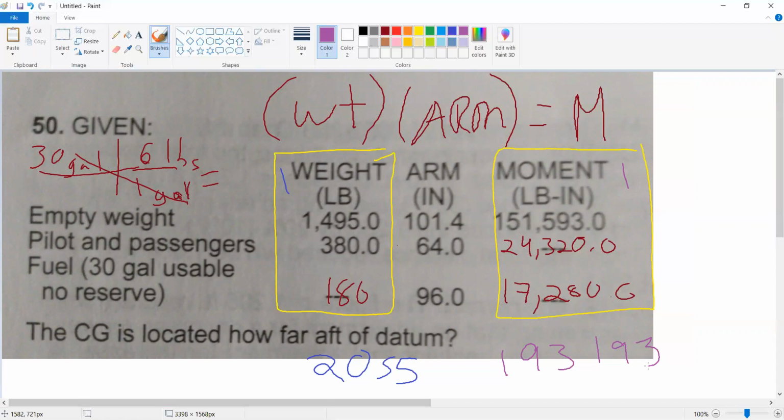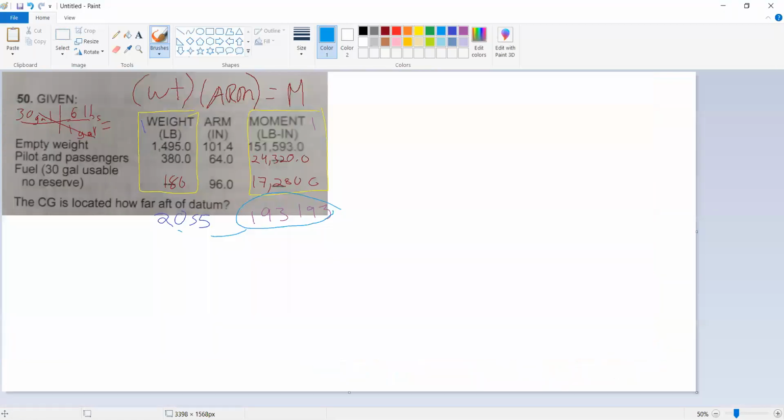So how many times does 193,193 go into 2,000? Excuse me, it's the other way around. How many times does 2,055 go into 193,193? Right?